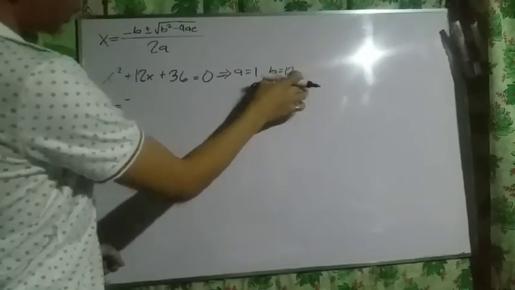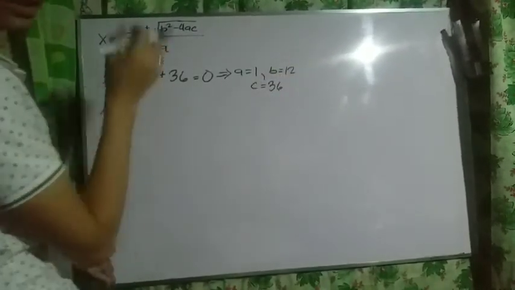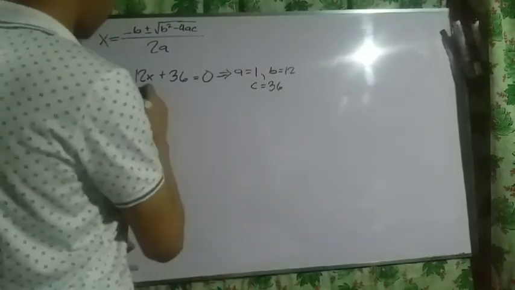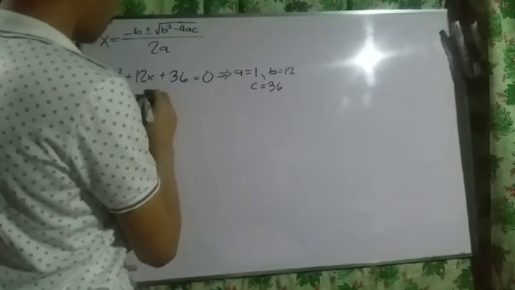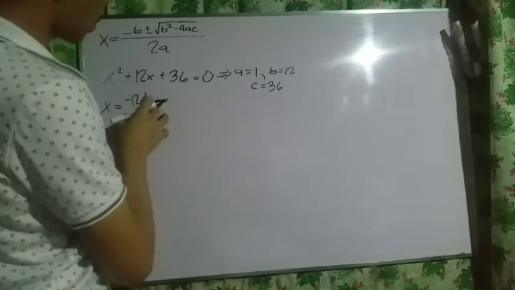So now let's proceed and apply the formula. X equals negative b. So instead of writing b, you need to substitute it with 12. So positive 12 times negative is equal to negative 12.